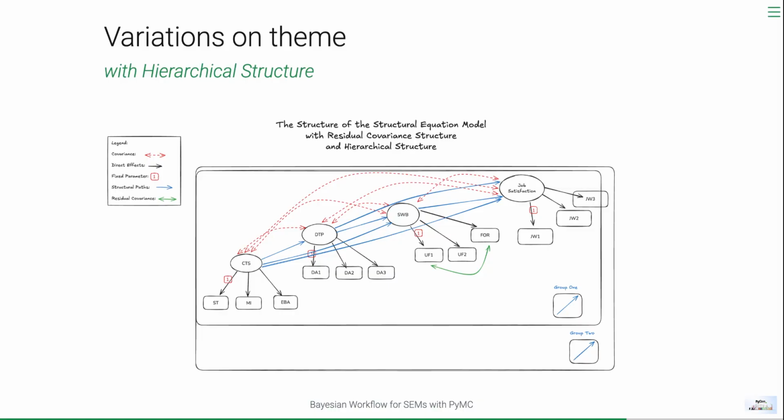One way to do that, you can model that again by allowing a hierarchical form of a structural equation model. You take the same structure as before, but you allow for multiple parameterizations for each individual group. So you can allow that the relationship between constructive thought processes and your sense of well-being is different for men versus women.